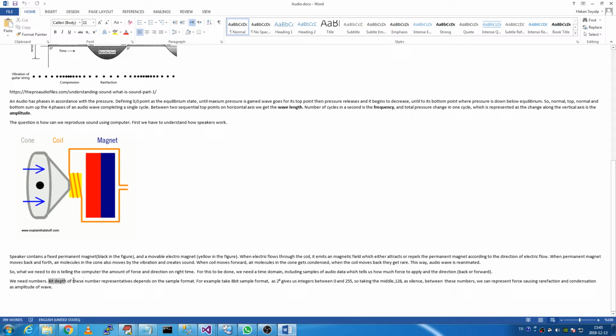Okay, the bit depth of these number representatives depends on the sample format. Sample format actually gives us the available set of numbers.